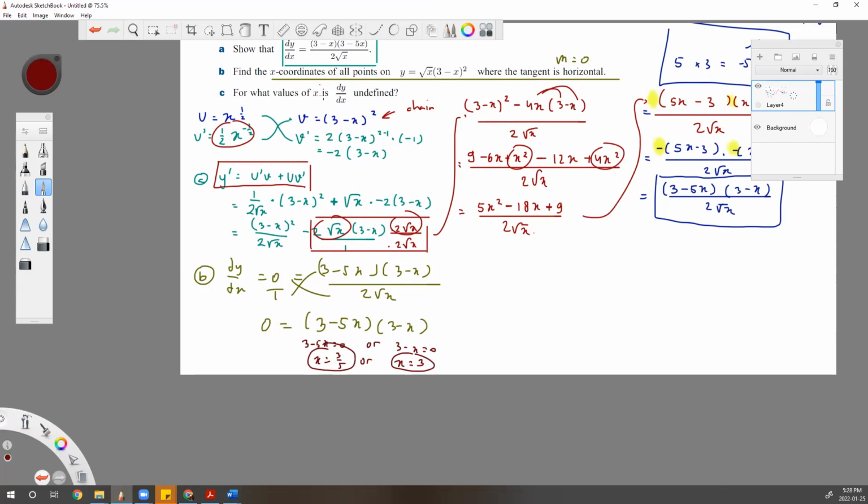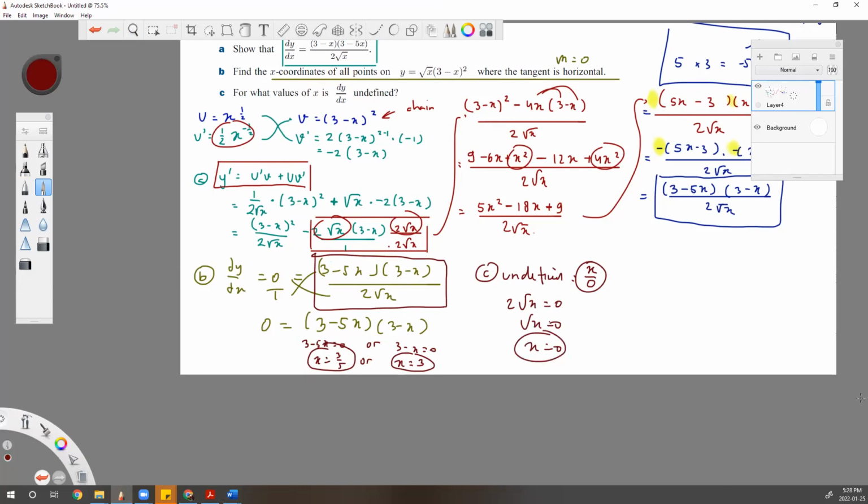Okay. For what values is dy/dx undefined? Undefined is anything over 0, right? So where the denominator equals 0. So 2 square root x equals 0, so square root x equals 0, or x equals 0.